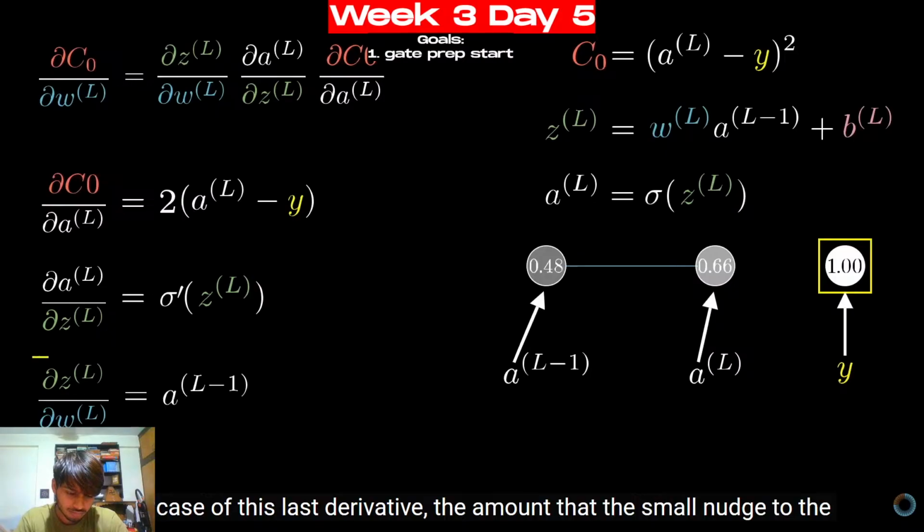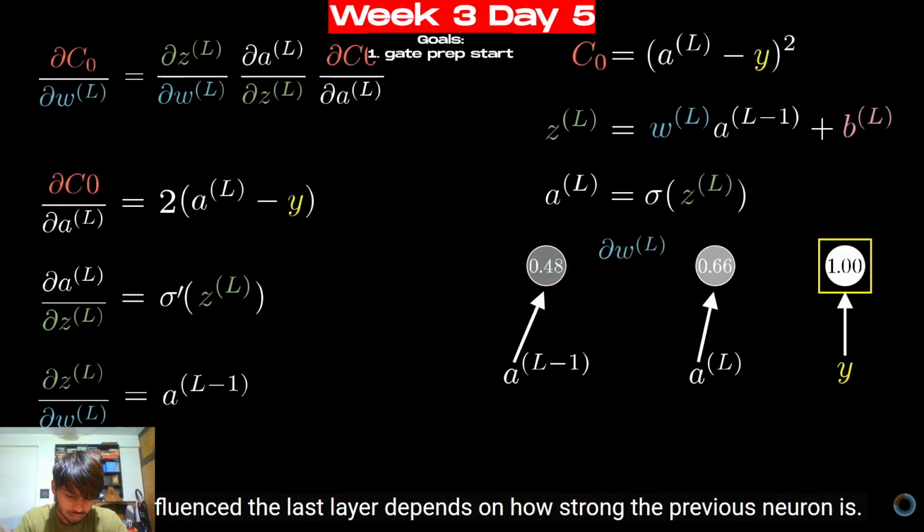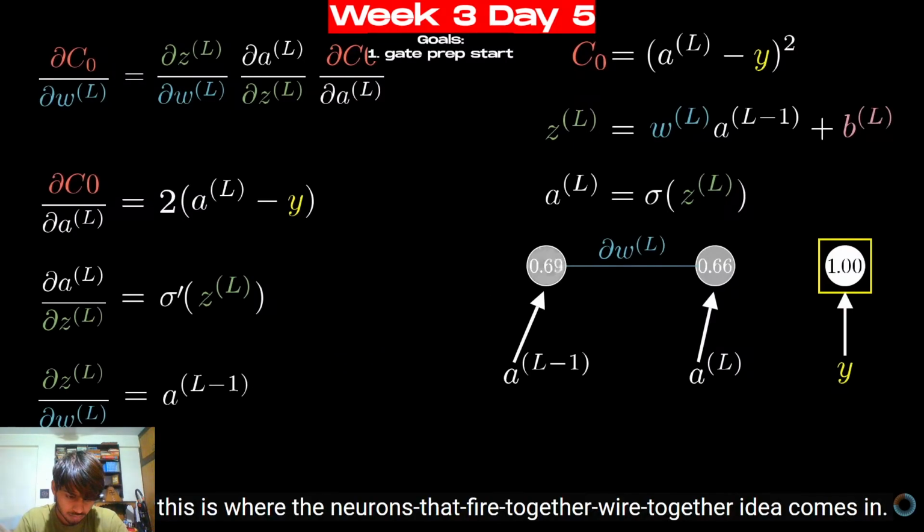In the case of this last derivative, the amount that that small nudge to the weight influenced the last layer depends on how strong the previous neuron is. Remember, this is where that "neurons that fire together wire together" idea comes in.